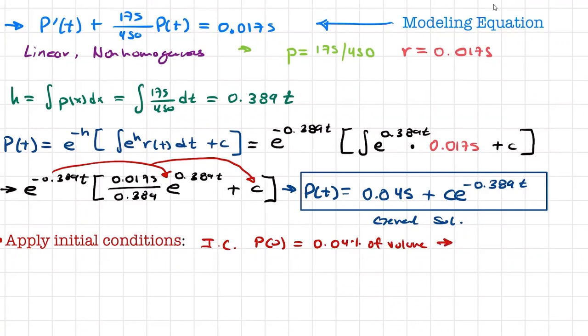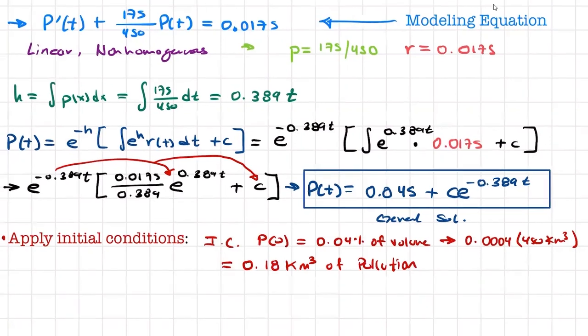So if we have 0.04% of 450 kilometers cubic, we end up with about 0.18 kilometers cubic of pollution in the water at the beginning. So we know that the pollution at the beginning of the time was that.